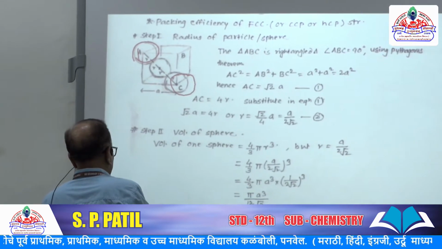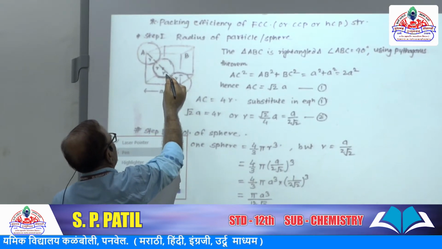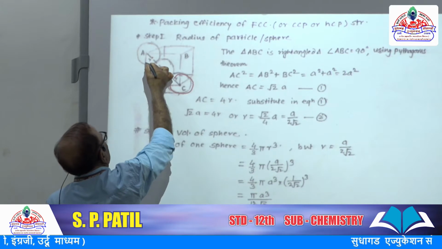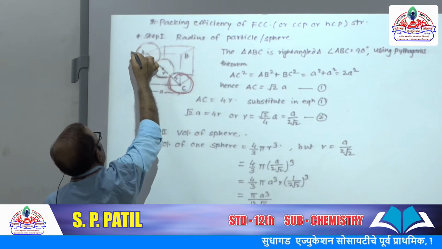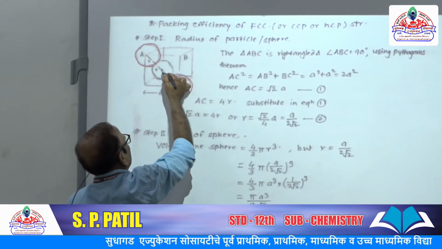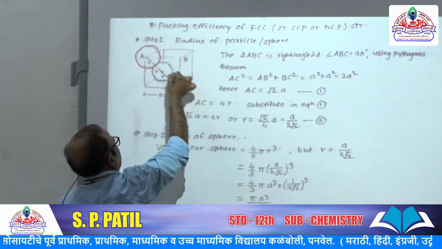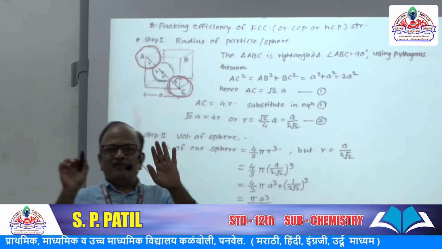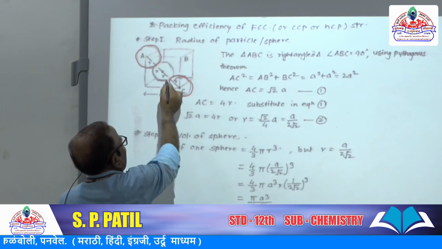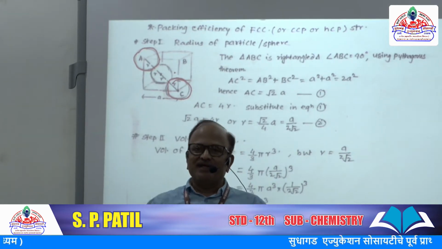So let me show again clearly. This is C and this is A. These two spheres are at two corners of the cube, and this one is at the face, because we are looking at the face centered cubic structure.